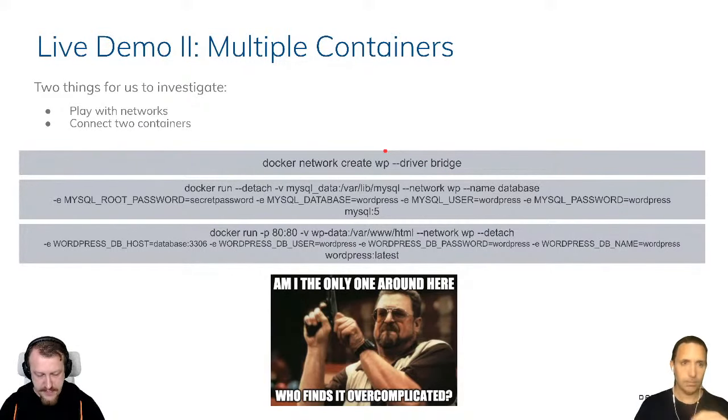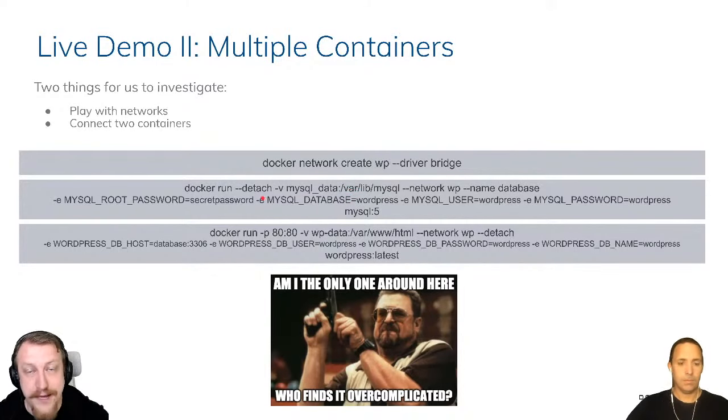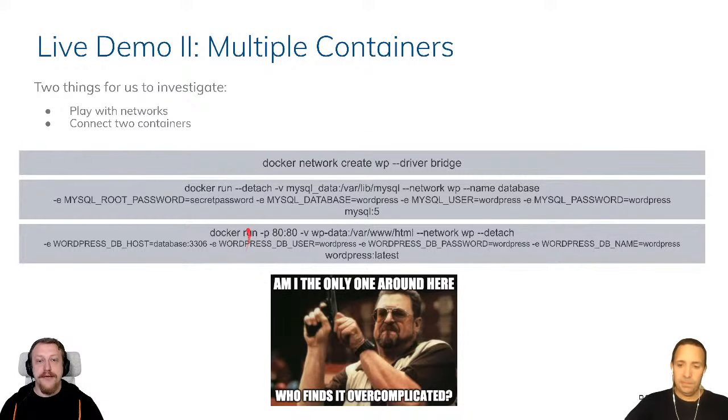Then, second point, I'm going to run MySQL. And now, notice, very important that I run it as a second step, because on the startup of WordPress, it will try to connect to a database. And if I start Docker WordPress first, it will fail because, well, we don't have MySQL available.